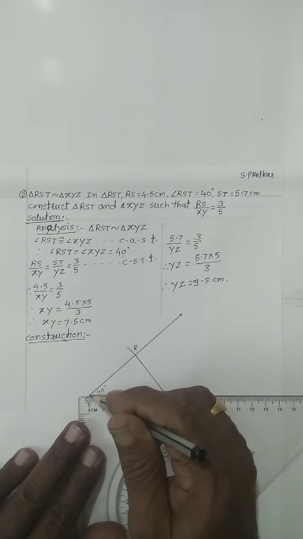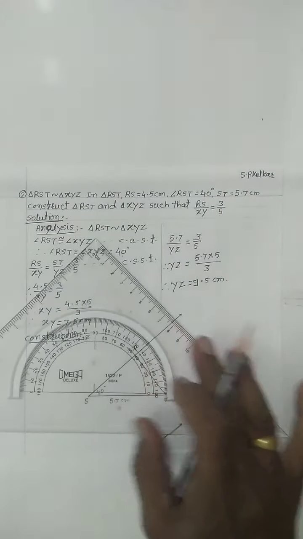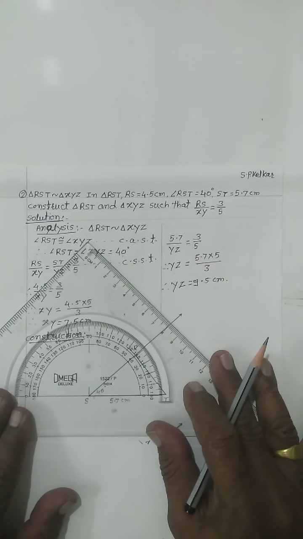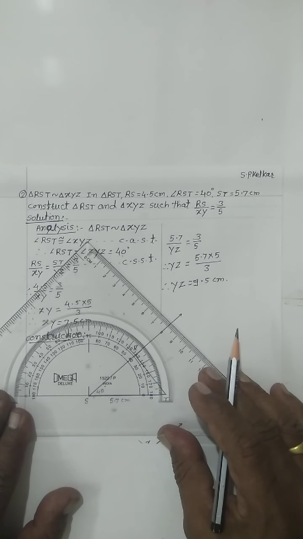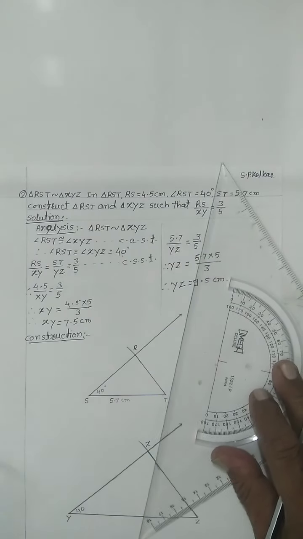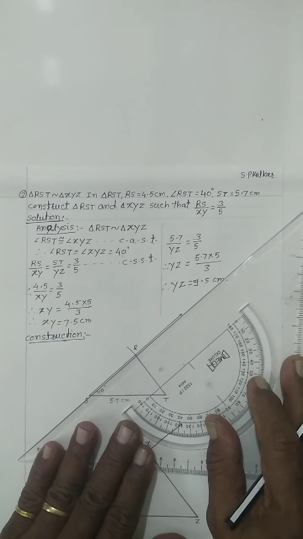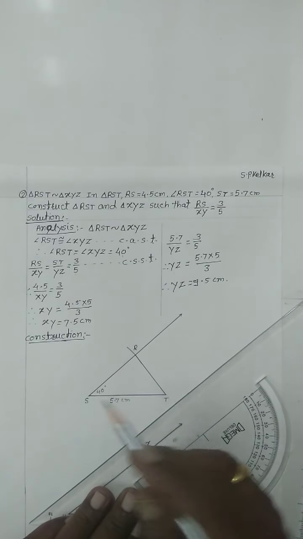In this way we draw the ST. Then put the protractor at point S and match the ST side with 0 line and take angle 40 degree. Then draw the ray which started from the point S. This ray makes an angle 40 degree at point S.